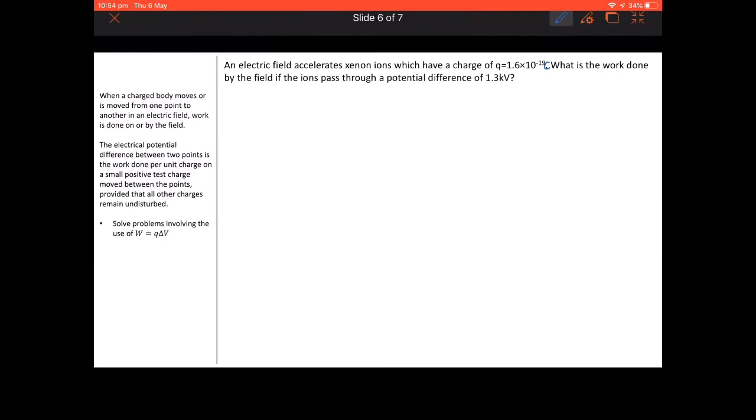So we've got an example: an electric field accelerates xenon ions which have a charge of 1.6 by 10 to the negative 19 coulombs. What is the work done by the field if the ions pass through a potential difference of 1.3 kilovolts? So to do this, we'll use the equation that we just figured out before. Work is equal to charge by potential difference, and we'll just have to fill those in.